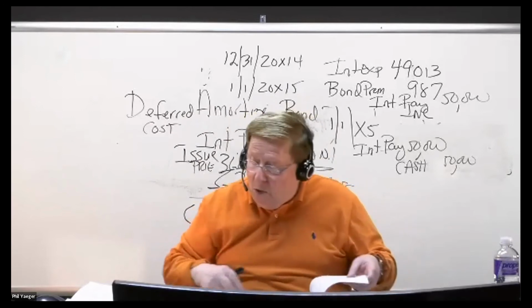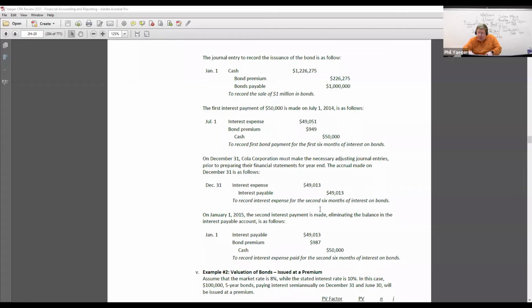Now, the next thing is I showed you those entries. Let's go to a page, bear with me, let me get this book here. By the way, I'll have those corrections on the bonds. Do you know how to amortize the discount or premium? Do you know how to do the amortization schedule?